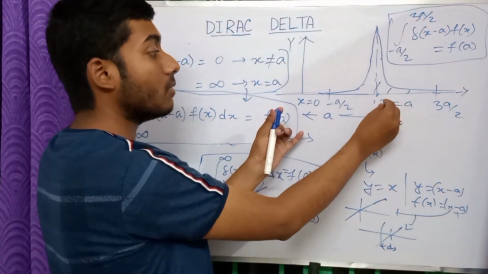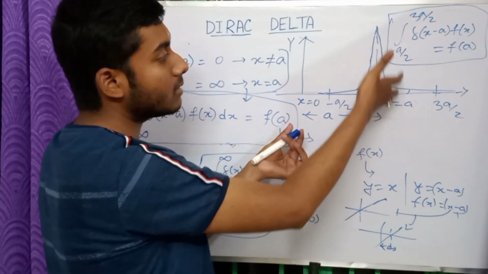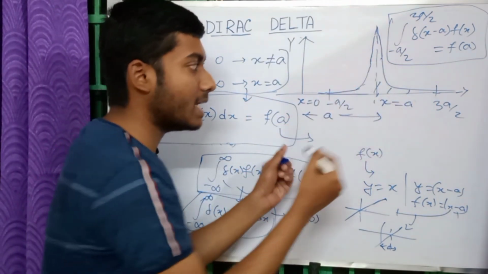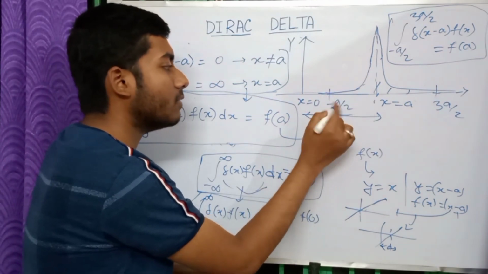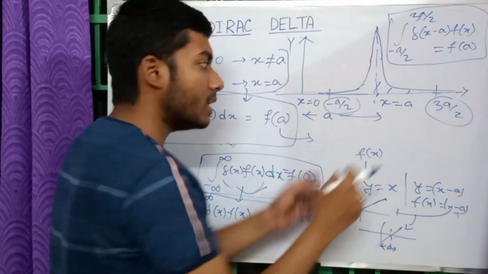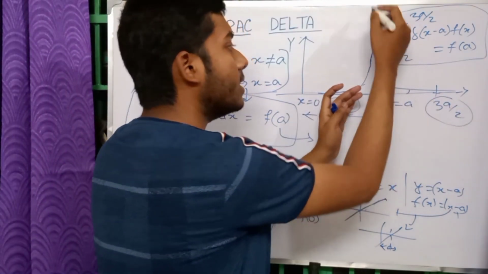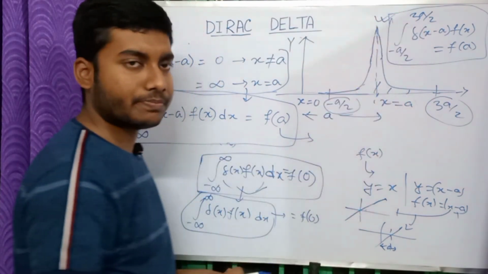That is, we have to cover where the Dirac delta function tends to infinity, that is at x equals a. And when we cover this in the limit from minus a by 2 to plus 3a by 2, then the infinity range is covered, so the condition is valid.